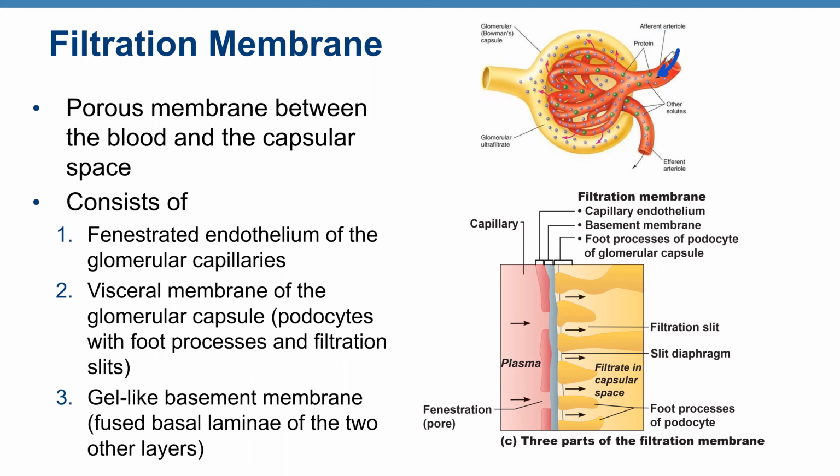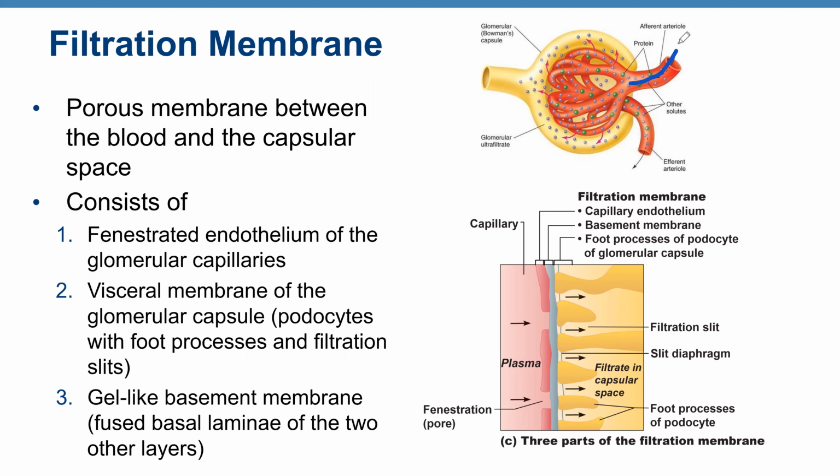Your blood, of course, is made of plasma and formed elements: red blood cells, white blood cells, platelets. But in the plasma, you will have different solutes and proteins. They show here the solutes as small blue dots and the proteins as the bigger green dots.